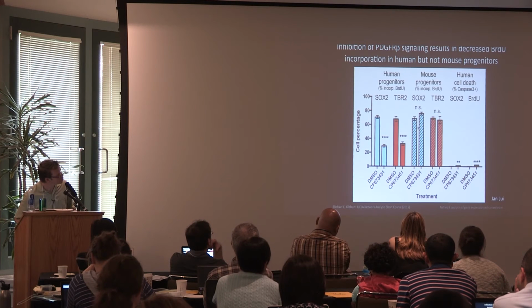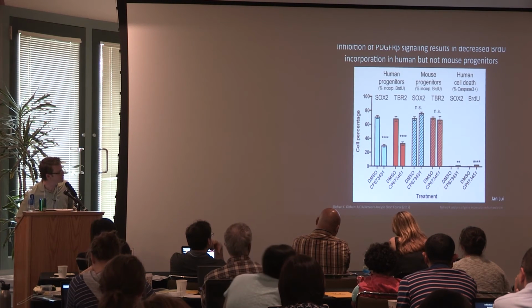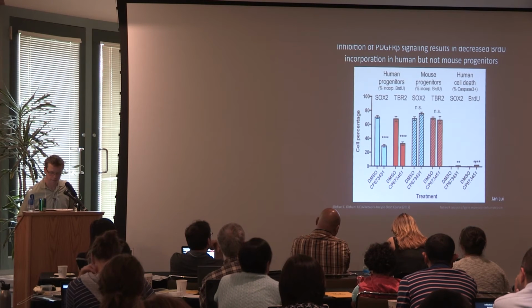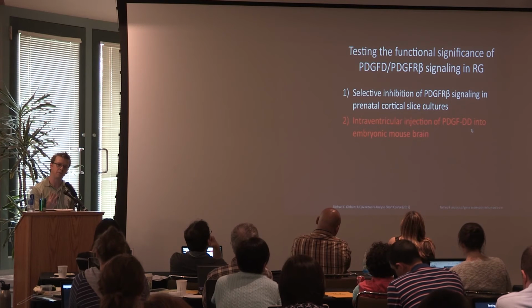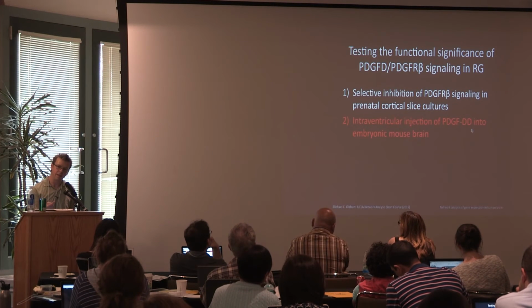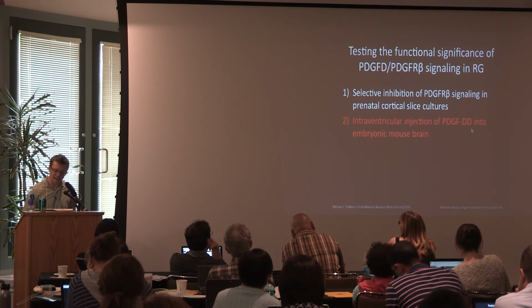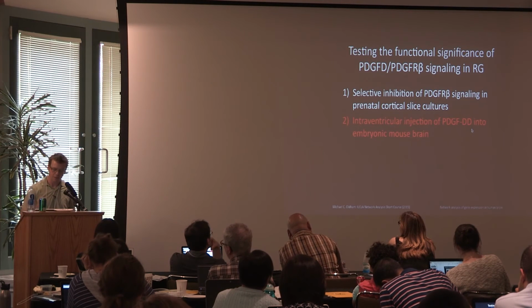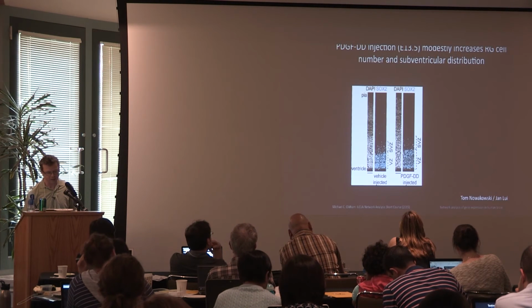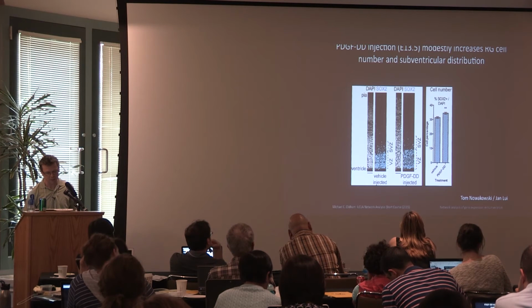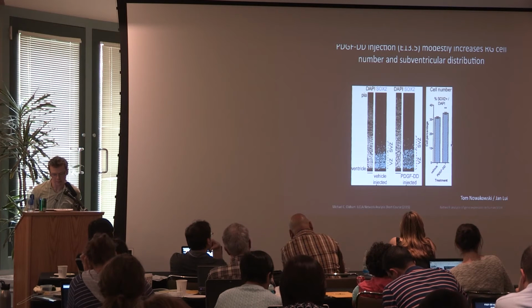Whereas in mice, when you do the same thing, nothing happens, and that's not just the result of an increase in cell death. The second experiment is we took the recombinant protein for the ligand and injected it into the ventricles of the developing mouse brain to see if it caused an increase in the proportion of radial glia. And we did, in fact, see a modest but significant increase of about 10% in mice.